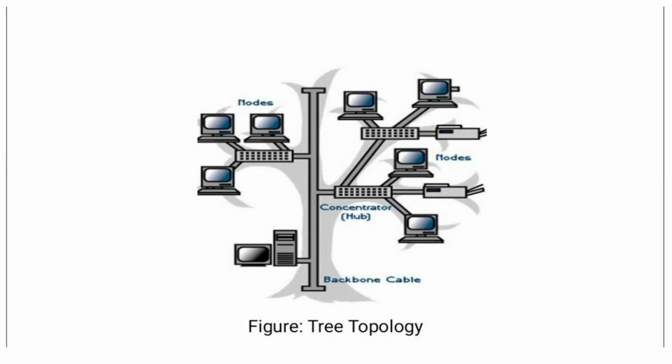The tree topology is a combination of the characteristics of star and bus topology, arranging nodes in a hierarchical structure resembling a tree. In this layout, multiple star networks are connected to a central bus, allowing for a scalable, organized network design. What are the advantages of tree topology?